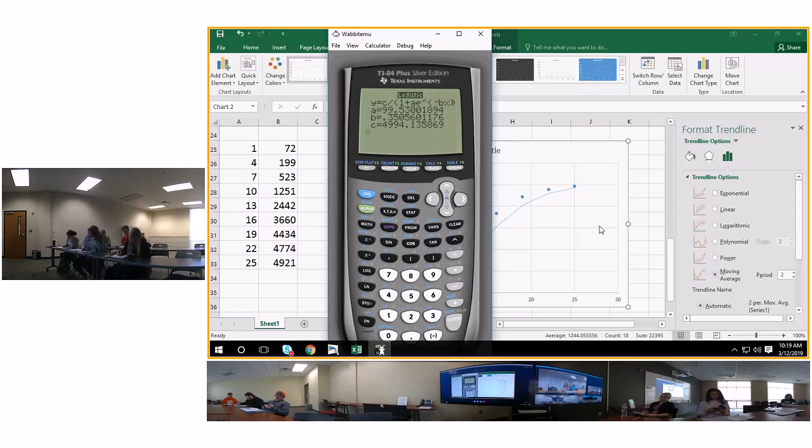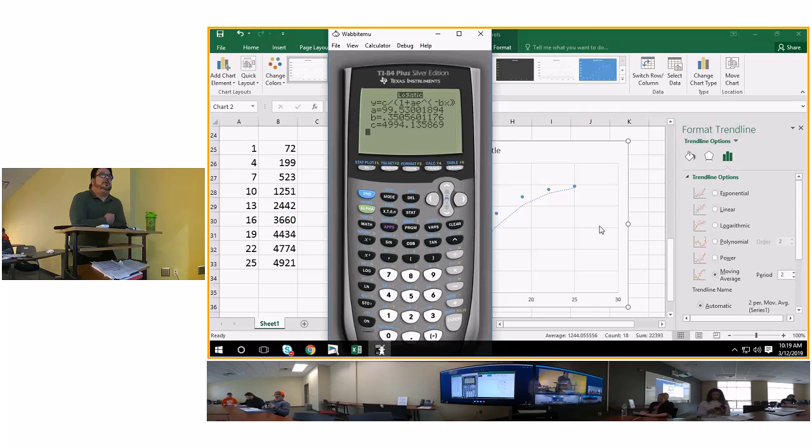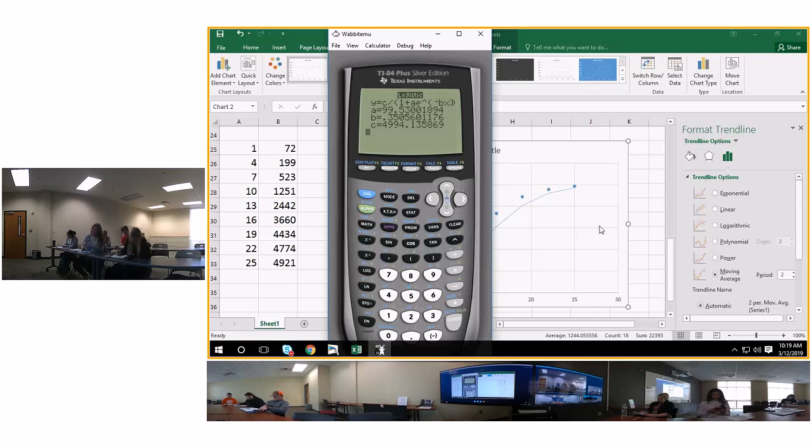It's to the negative b, so that's 0.35x. I'm sorry, 0.35x. My bad. I thought it was multiplied by c. Okay, c. Yes, 4994 divided by 1 plus 99.53 raised to the negative 0.35x power. Do y'all have that? Let's see what the answer is.